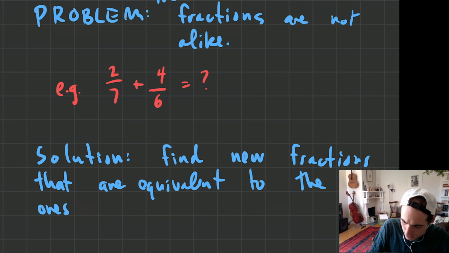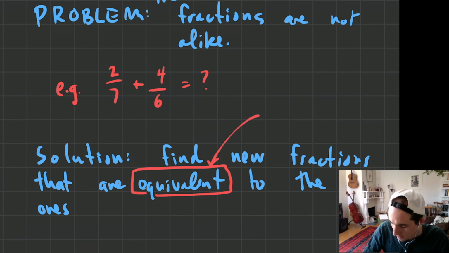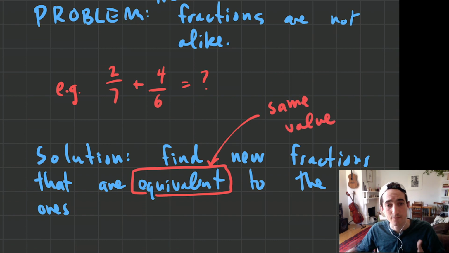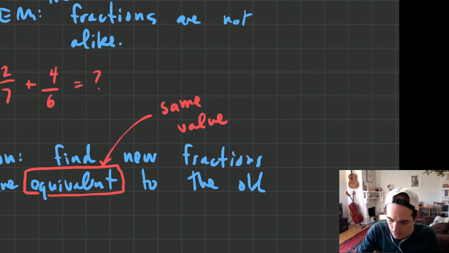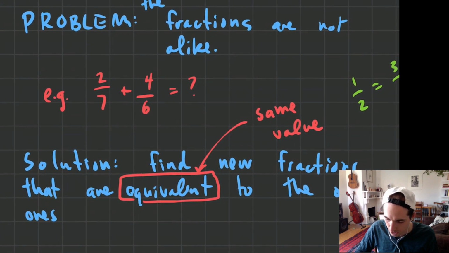So equivalent means, like this word right here, equivalent, what I mean by that is same value. Okay, they have the same value. So equivalent fractions could be like 1/2 and 3/6. They mean the same thing. Okay, so those are equivalent fractions.